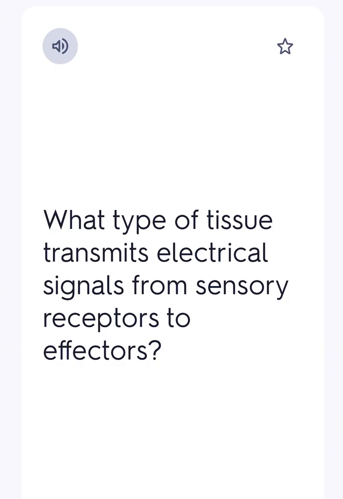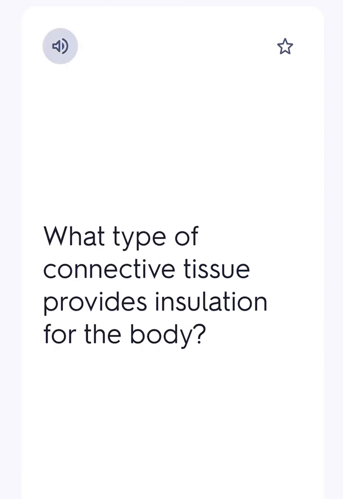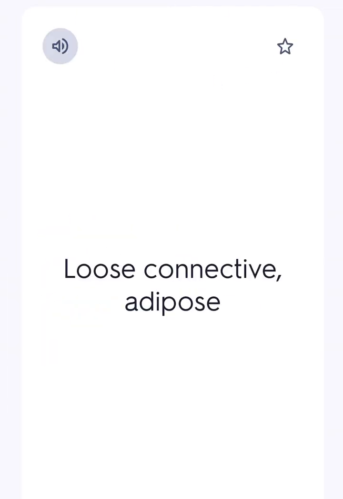What type of tissue transmits electrical signals from sensory receptors to effectors? Nervous tissue. What type of connective tissue provides insulation for the body? Loose connective, adipose.